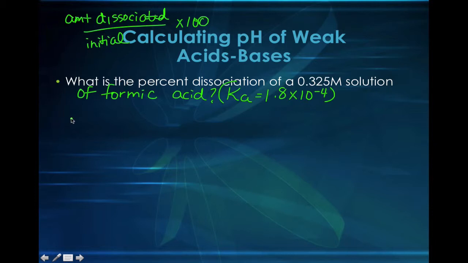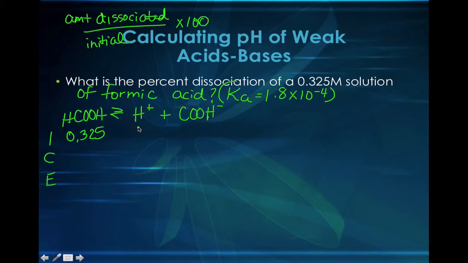So we're going to set up another ice table. Formic acid is HCOOH, and when it goes into the equilibrium reaction, you get H plus, and you get COO minus. I probably should have written that a different way. Oh well, we'll go with that. Ice. So initially we have 0.325. After it dissociates, we're going to lose some of this and pick up some of this.